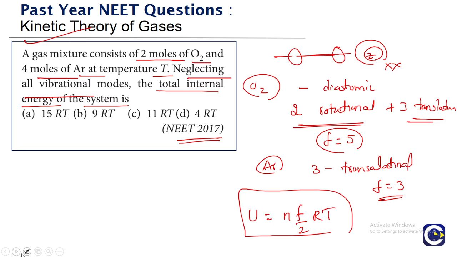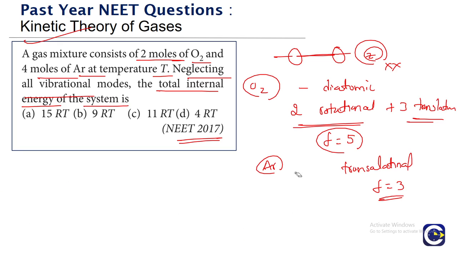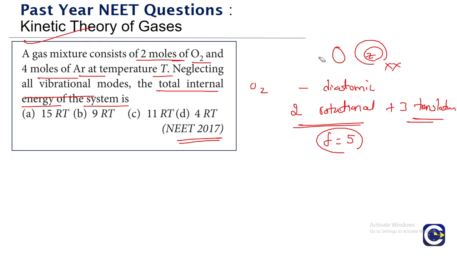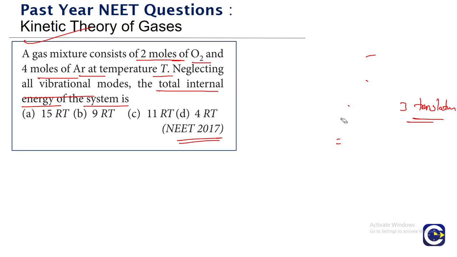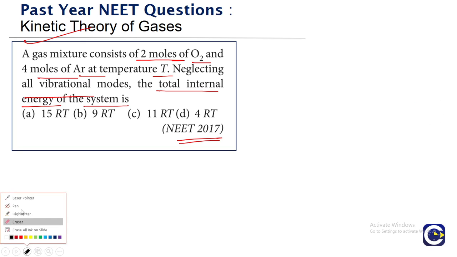R is the gas constant, T is the temperature. That is the expression for the internal energy of the particular gas. So here what we need to keep in mind is the degrees of freedom for the oxygen and for the argon. Oxygen is diatomic, argon is what? Monoatomic. That is the reason why for oxygen F is equal to 5, for argon F will be equal to what?